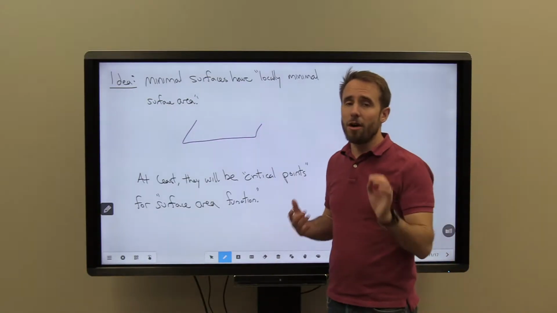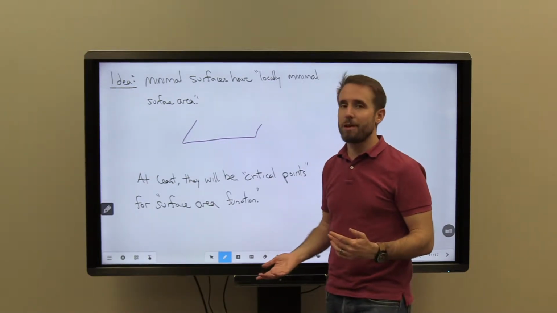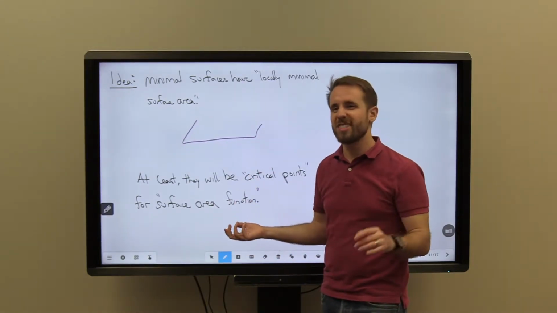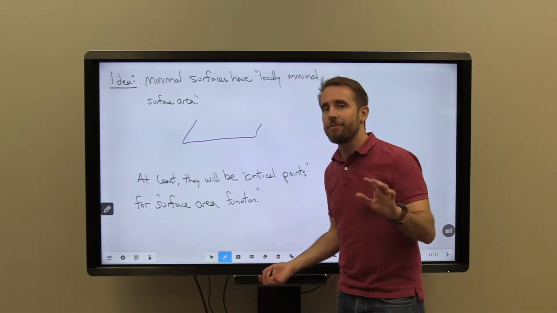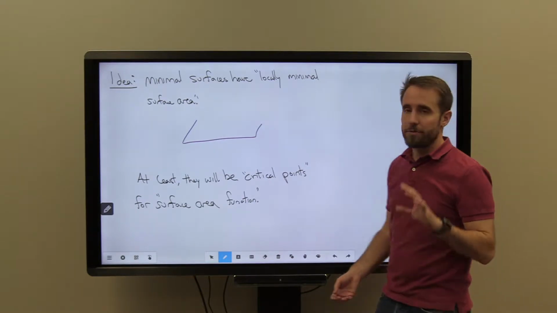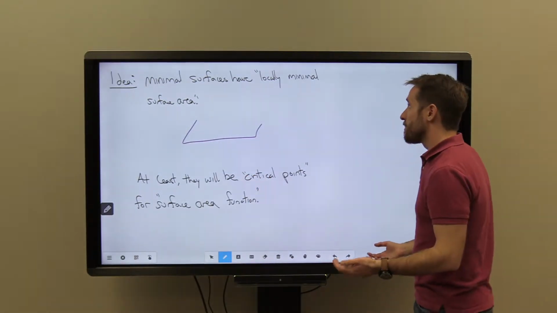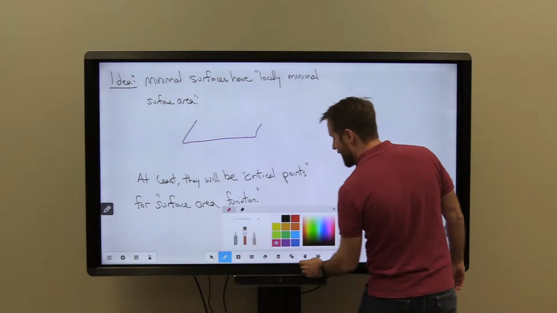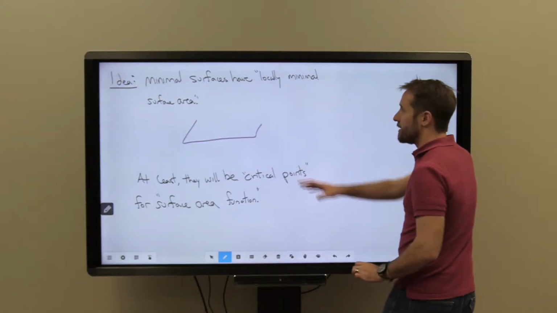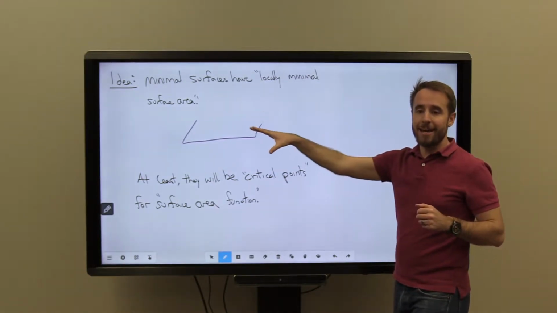Notice that it's a condition on the mean curvature, but its name implies something about being minimal in a certain sense. And indeed, that's kind of true. An idea here that we want to explore is that minimal surfaces often have locally minimal surface area. What I mean by that is that if I take a minimal surface like the plane, that will have as little surface area as it can locally.